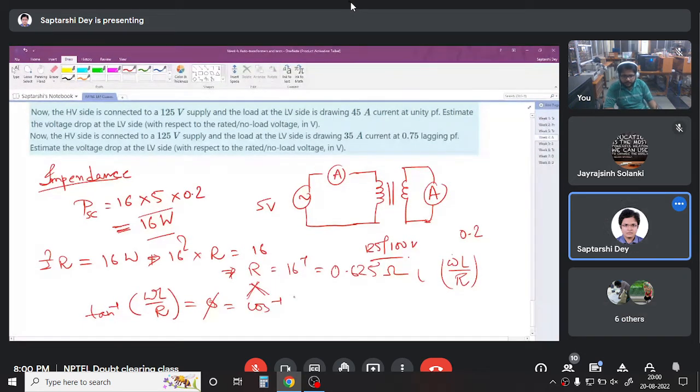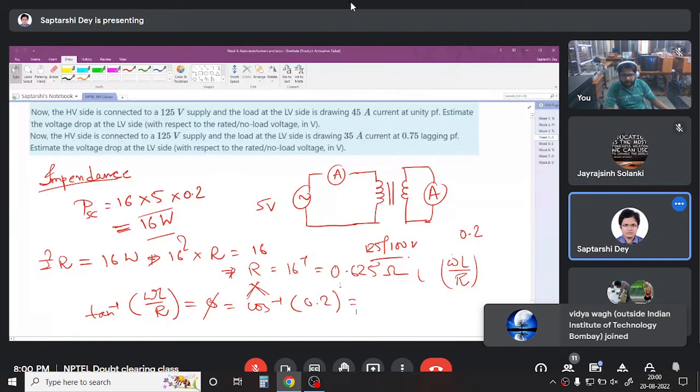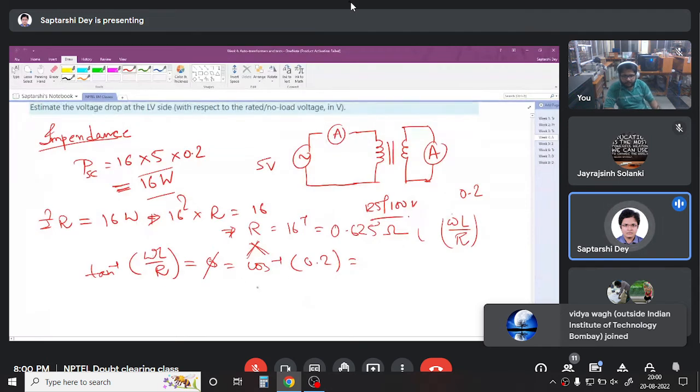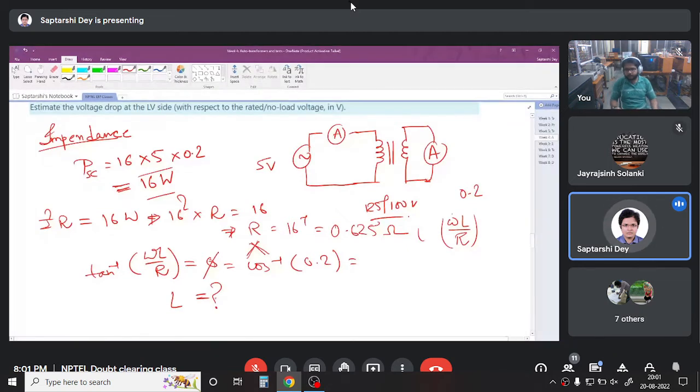Phi is cos inverse 0.2. Right? So from here, can you find out L? Can someone do and tell?